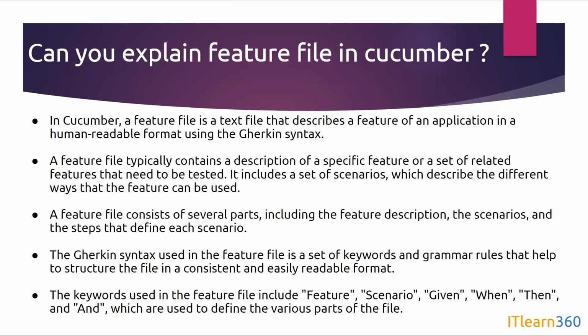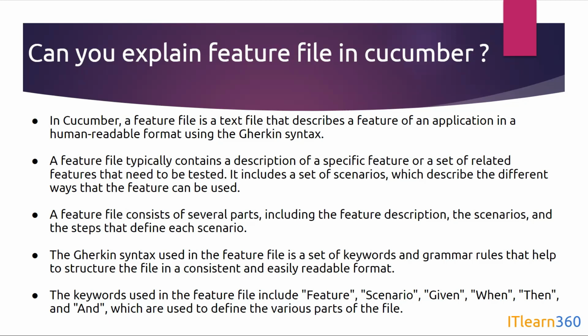Now, can you explain the feature files in Cucumber? The interviewer asks this after establishing that you know about Cucumber. A feature file is a text file that describes a feature of an application in a human-readable format, basically the Gherkin syntax we are talking about. Feature files consist of several parts, including the feature description, scenarios, and steps. A feature file includes a set of scenarios which describe the different ways that a feature can be used.